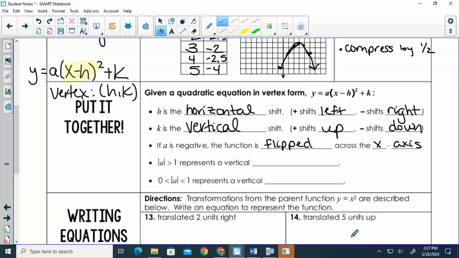It just makes it get upside down. If your A is bigger than 1, it will stretch the graph. If A is between 0 and 1, it will shrink or compress our graph.